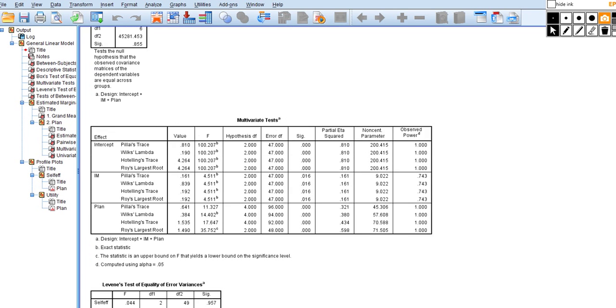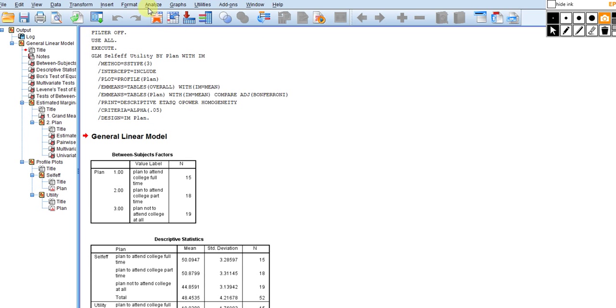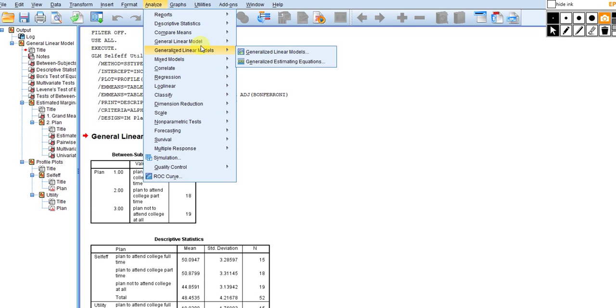Another option is to utilize planned contrasts. You can go back through General Linear Model and Multivariate, and you have various planned contrast options available, canned options in SPSS. I really don't like these too much, except maybe the polynomial contrast option, which I'm not really going to utilize here.